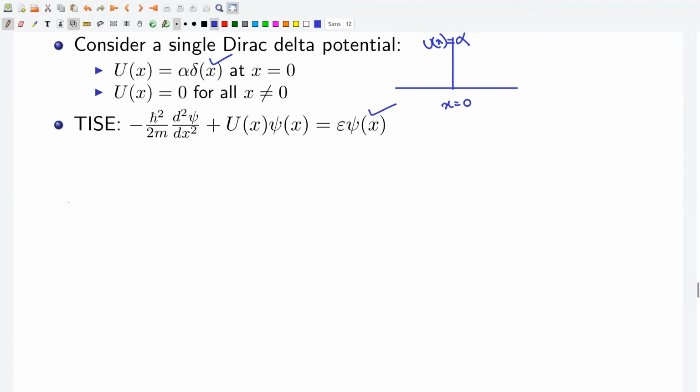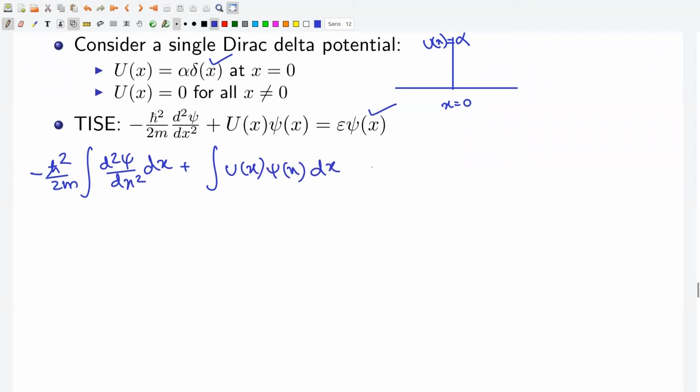Now let us integrate the time-independent Schrodinger equation. Minus h cross square by 2m integral d2 psi dx square dx plus integral u of x psi of x dx is equal to energy times integral psi of x dx.